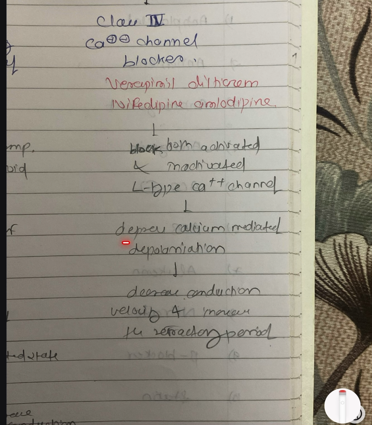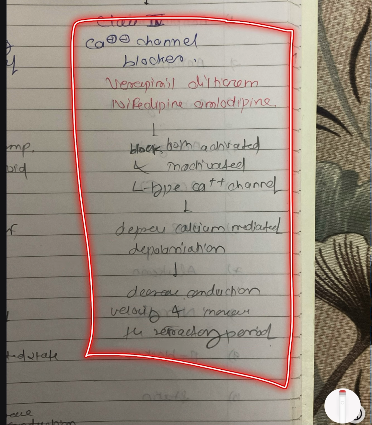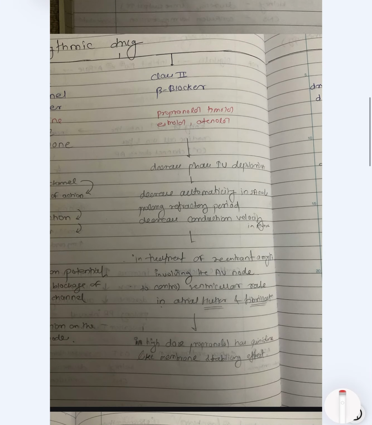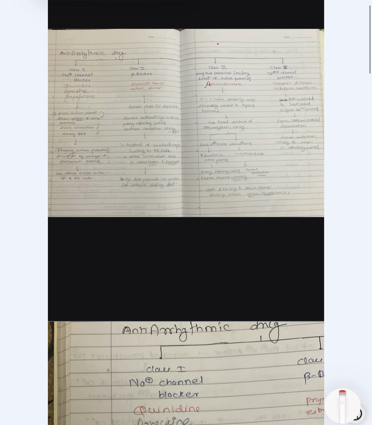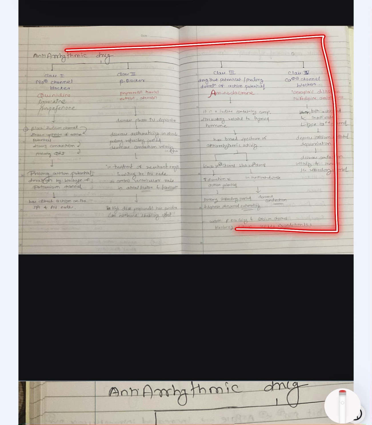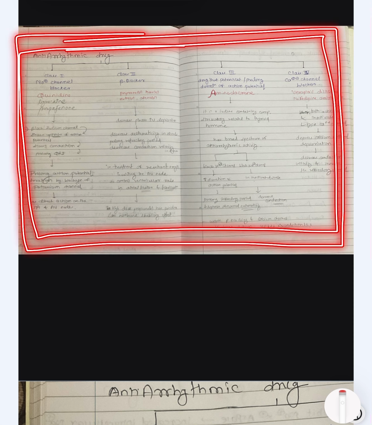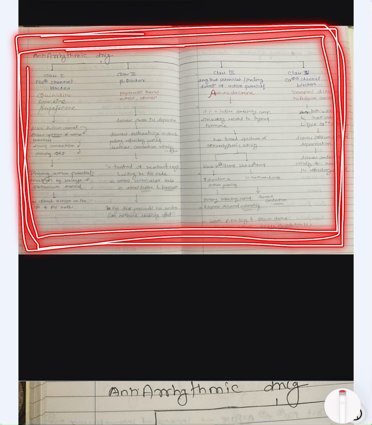As it decreases the depolarization, it will decrease the conduction velocity and increase the refractory period. This is the way calcium channel blockers will work. So these are the four classes. As you can see on the screen, this is the most important page that you have to remember.